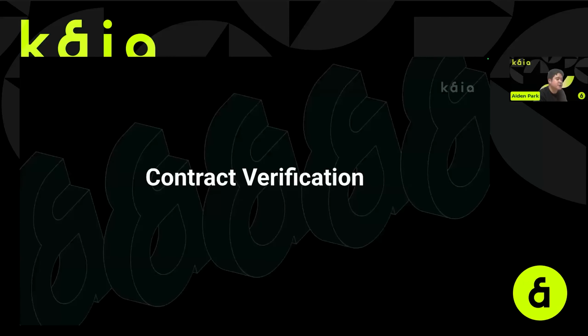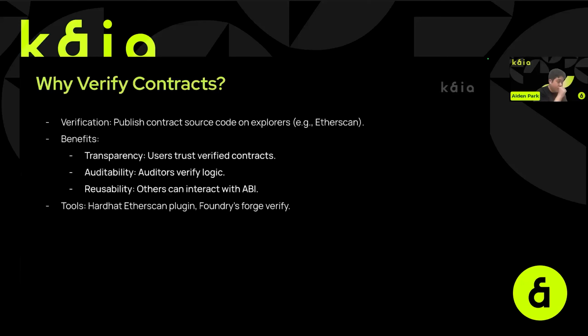And the next thing is contract verification. What is verification and why do we need to verify the contract? Verification is basically publishing contract source code on explorers like Etherscan. In the case of Kaia, we have Kaiascan.